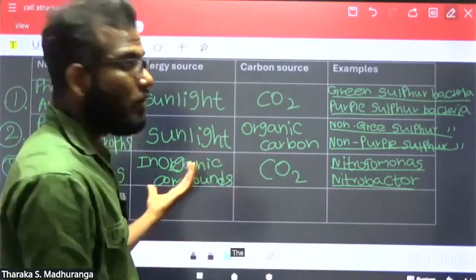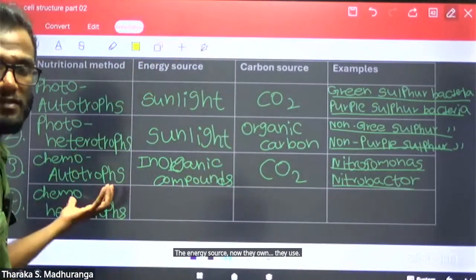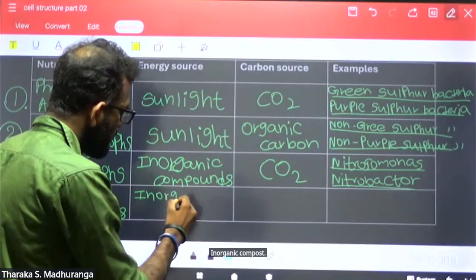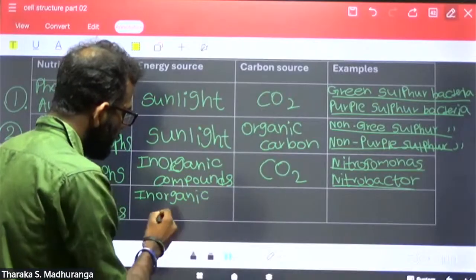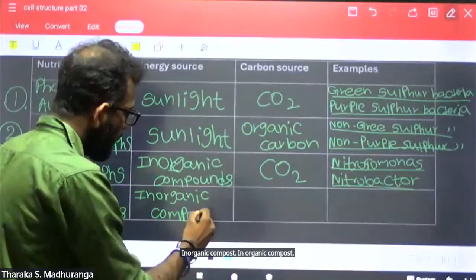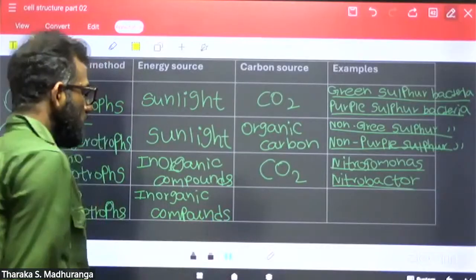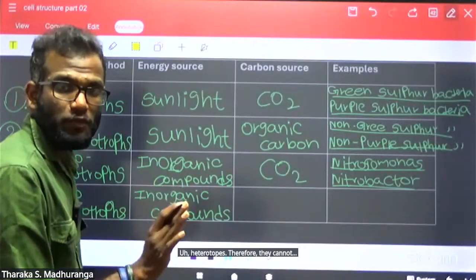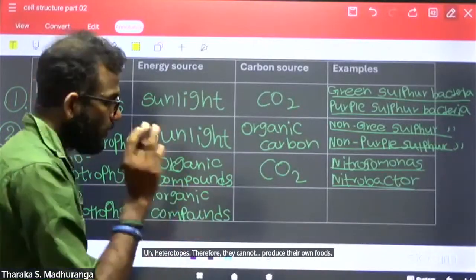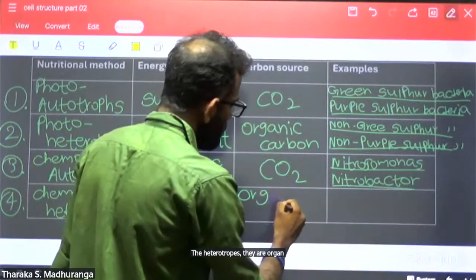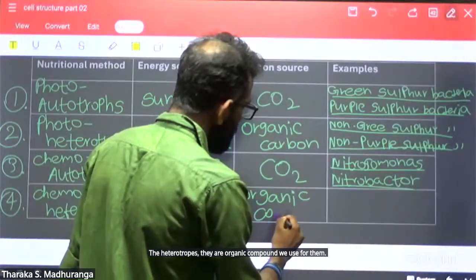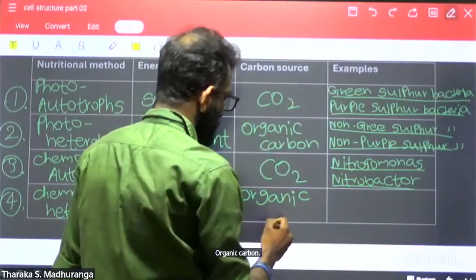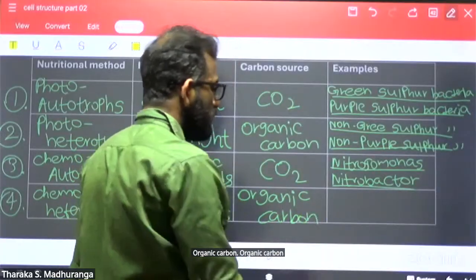They use chemicals, therefore inorganic compounds. They are heterotrophs, therefore they cannot produce their own food. Organic compounds are used as the organic carbon, the carbon source.